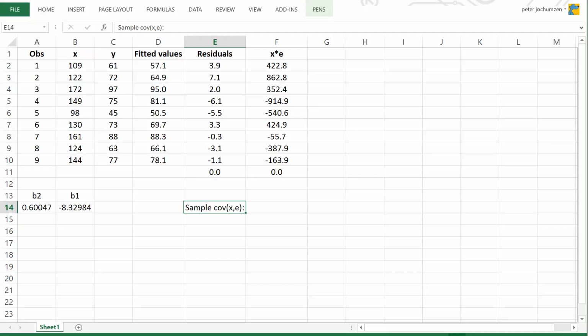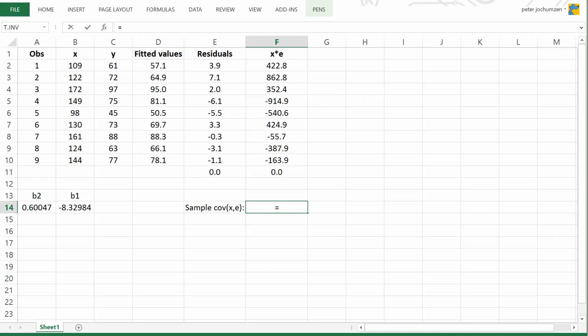Let's check that this is the case. So let's find the sample covariance between x and e. Remember, the sample covariance tells us whether they covary positively or negatively or not at all. And it turns out that they do not covary at all.